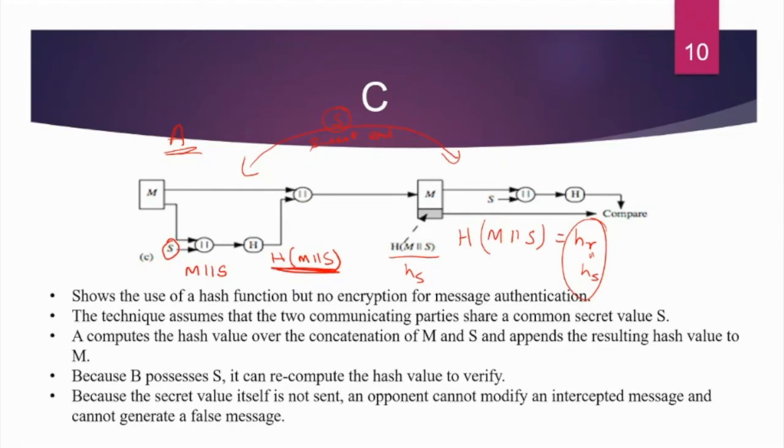A computes the hash value over the concatenation of M and S and appends it to the message, whereas at the receiver end, he recomputes the hash value after appending the shared secret code to the message. Because the secret value is not sent along with the message, an opponent cannot modify the intercepted message, otherwise it will be detected.